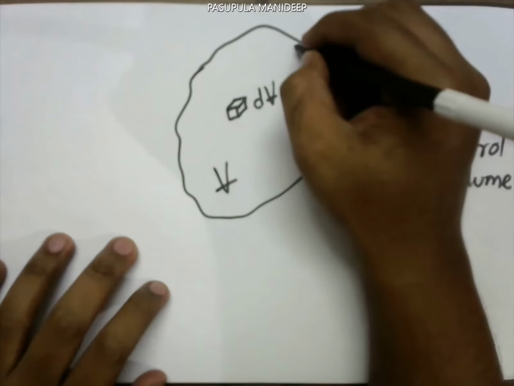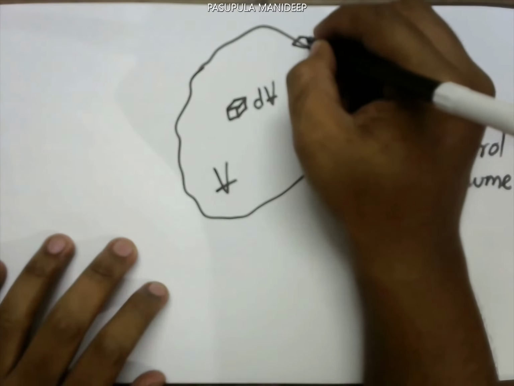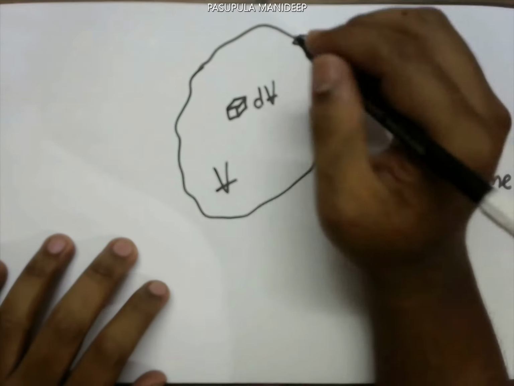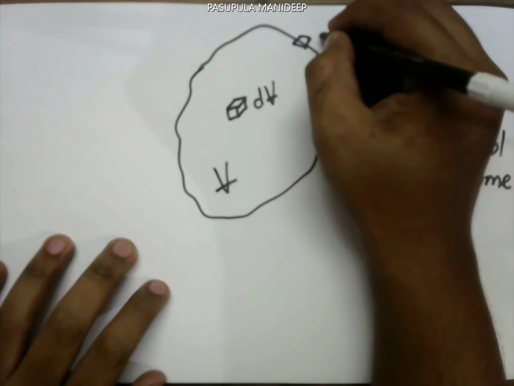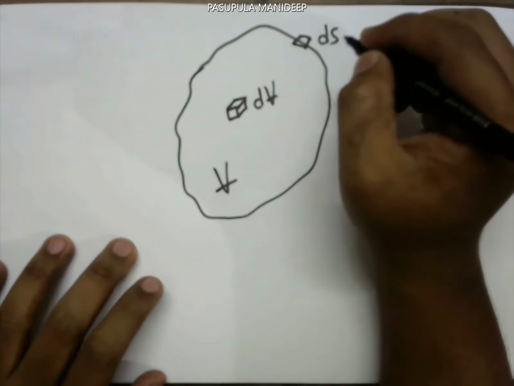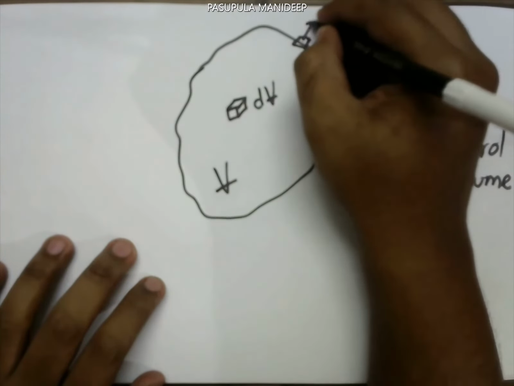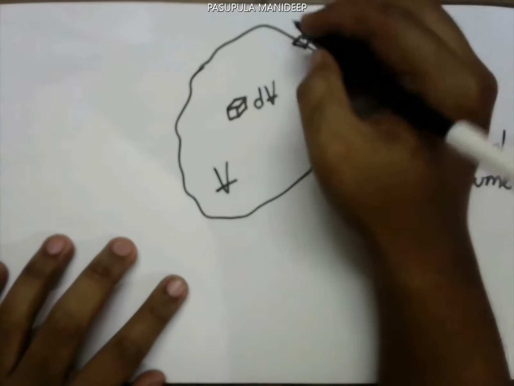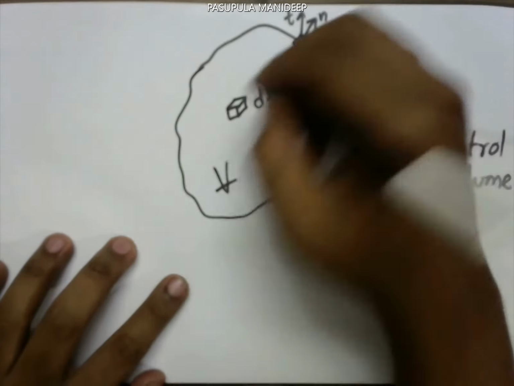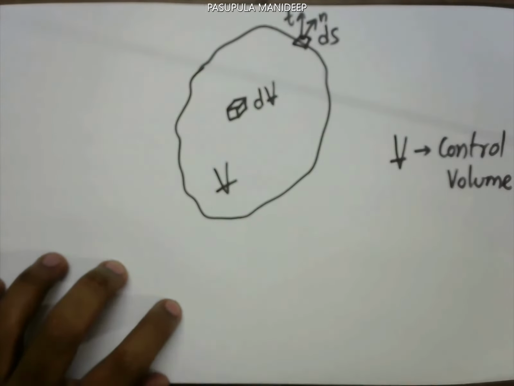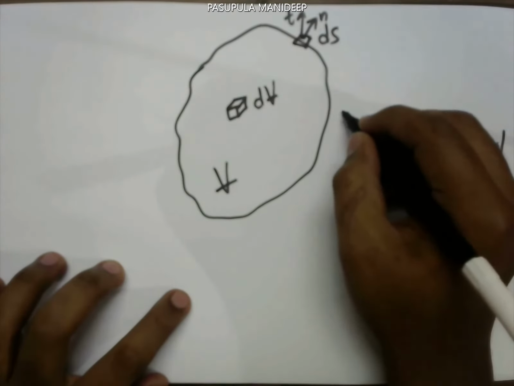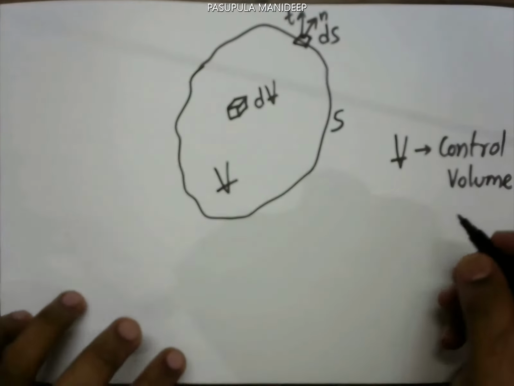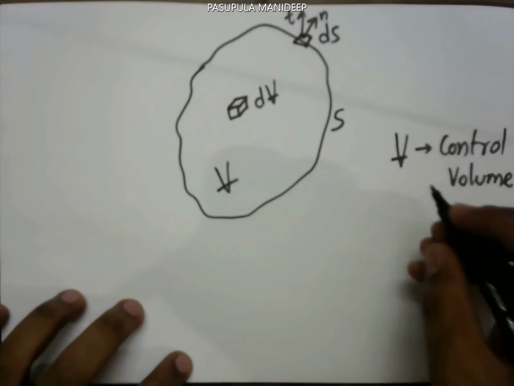Now let us also consider a surface element dS, whose normal vector will be n and traction vector will be t. The total control surface is S.